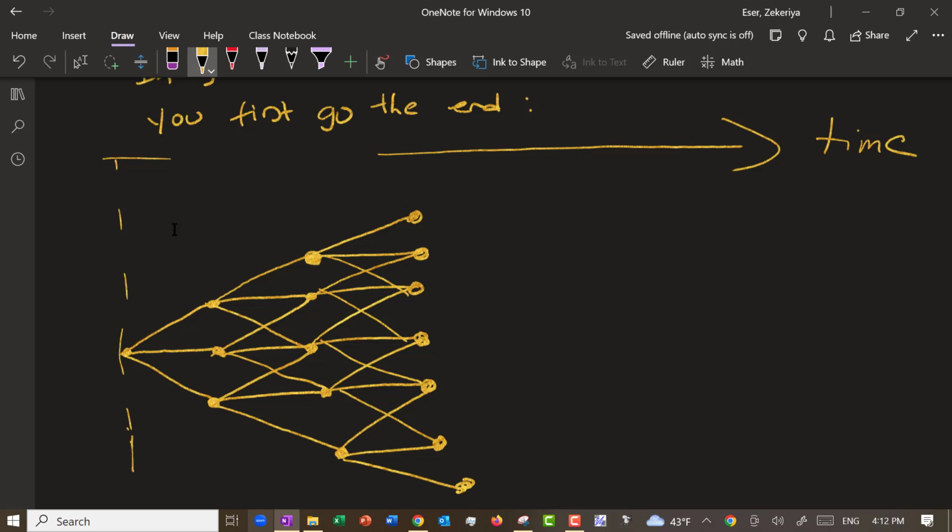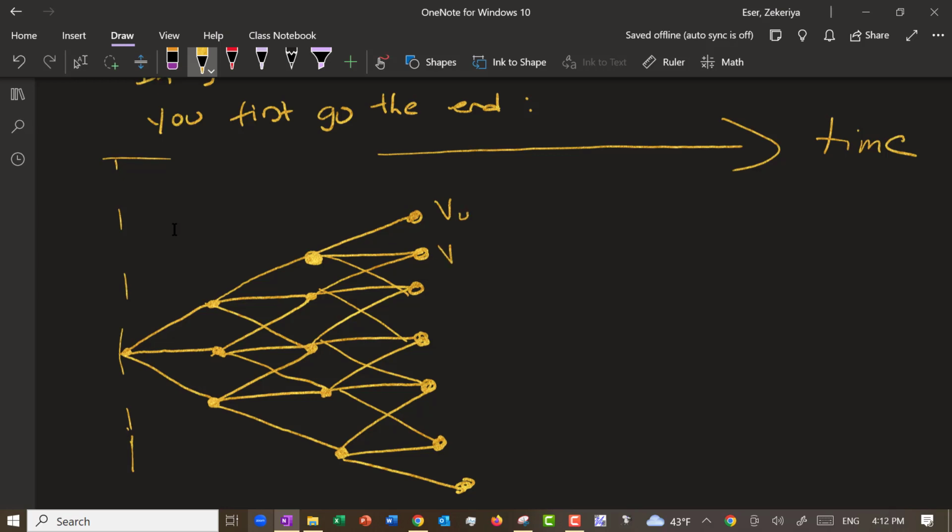Then you're going to ask yourself, what if I find myself here, this is period 1, 2, 3, at the end of period 2. Prices can go up a little, remain the same, or go down a little bit. In those cases, I know the value of these, right?